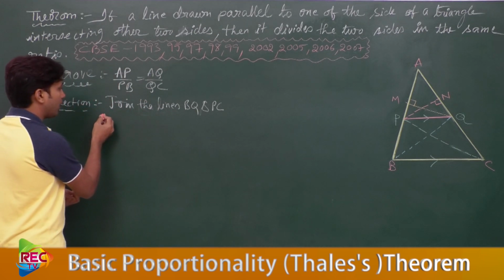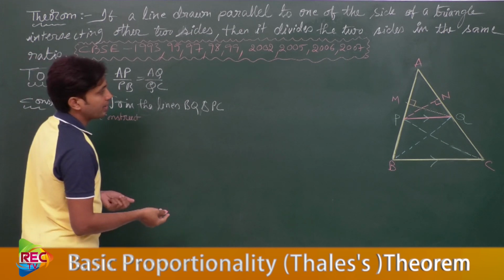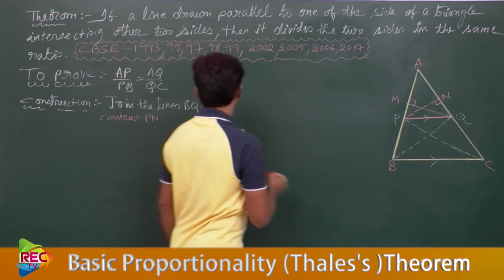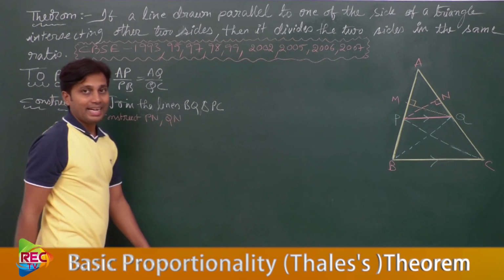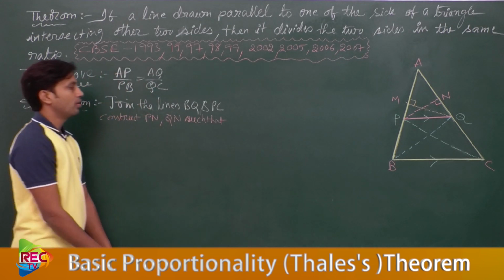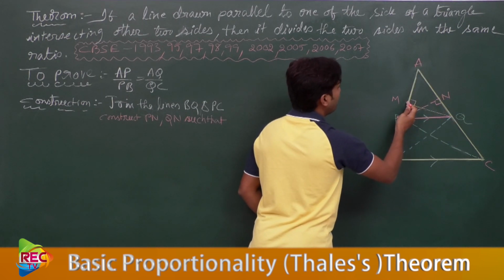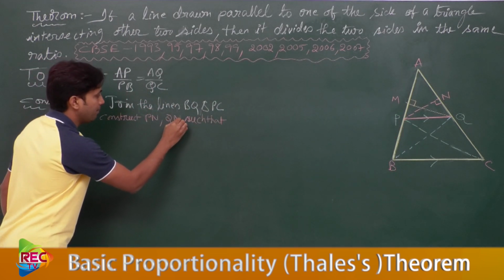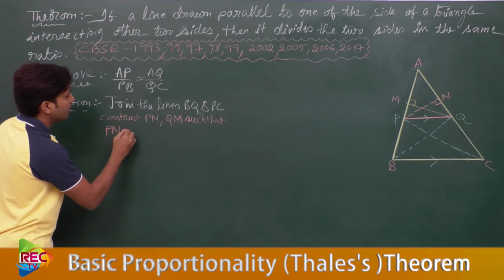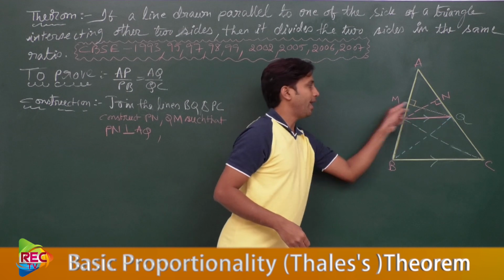So let us write down those parts also under construction. Construct or draw, you can write draw also, the lines PN and QM such that PN is perpendicular to AQ and QM is perpendicular to AP.